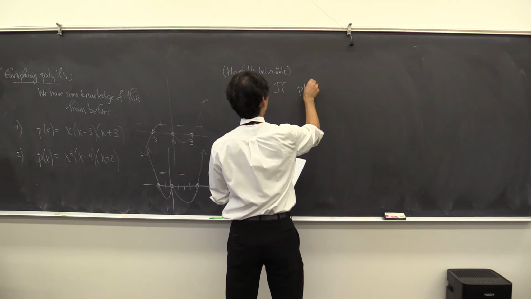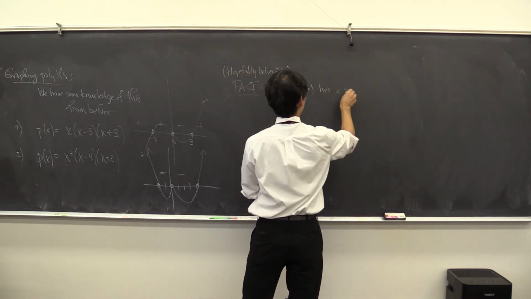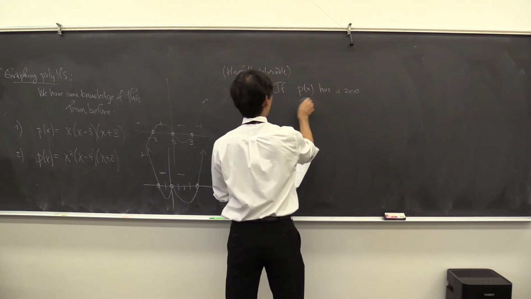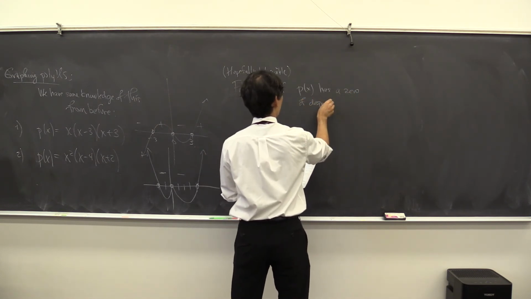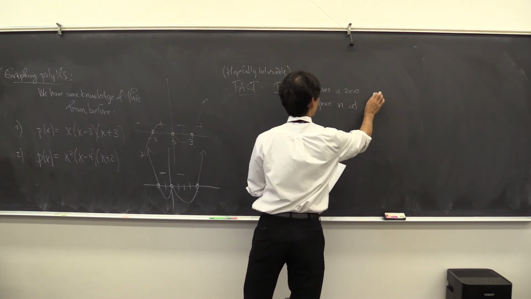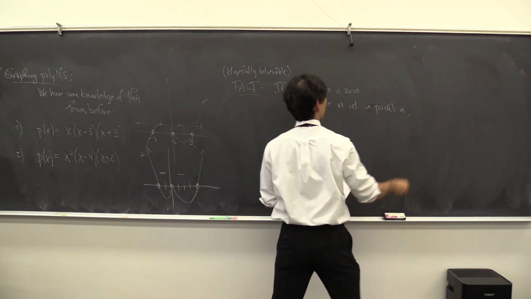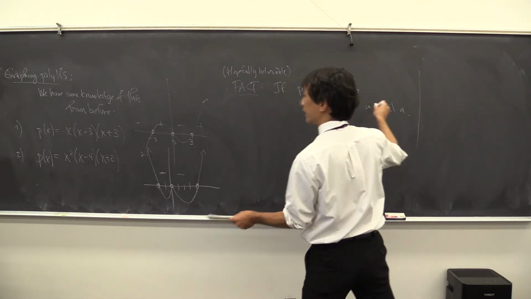If the polynomial has a 0 of degree n at some point a, so let's translate that.